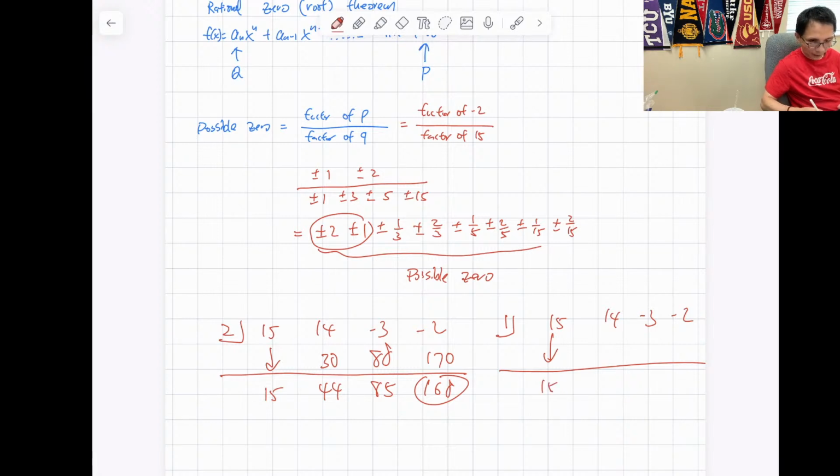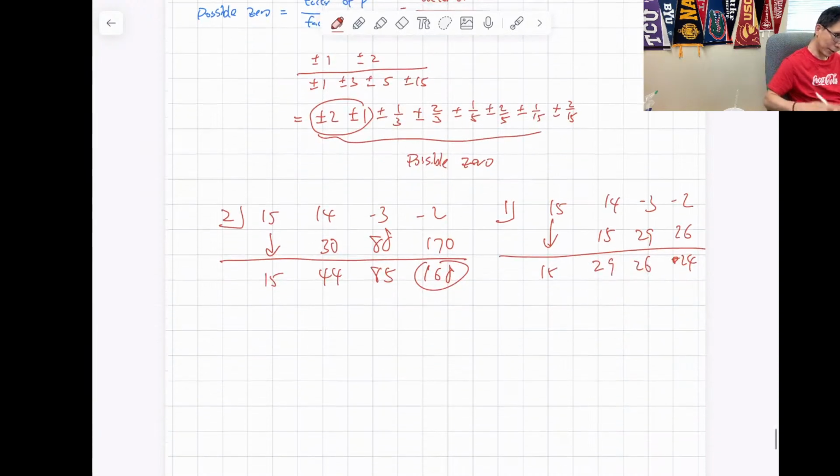So it's a 15 here. 15, 14, -3, -2. Okay, so that's 29. And 29 times 1 is what? That's equal to 26. And this is negative 26. This is positive 24. You're like, shoot.